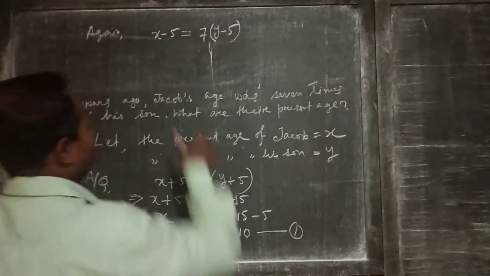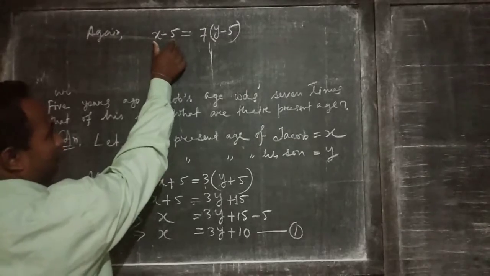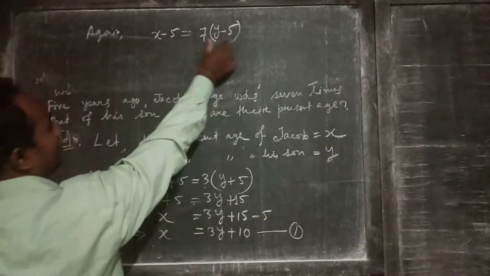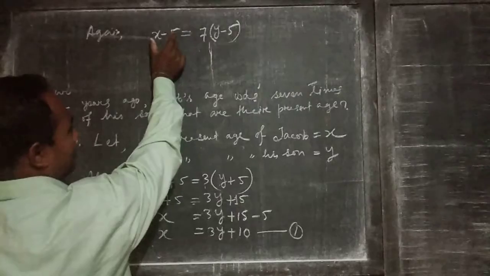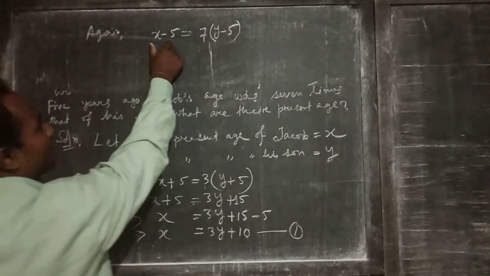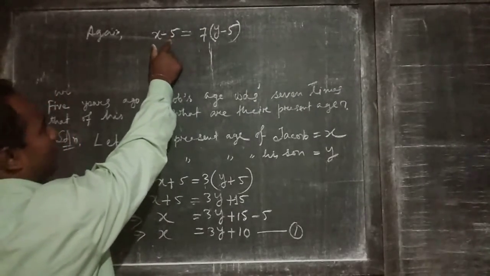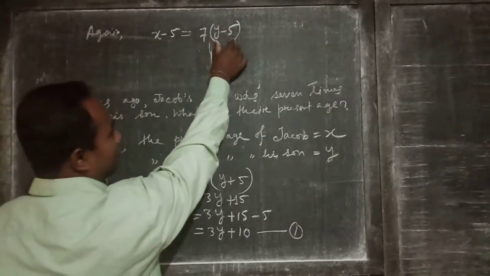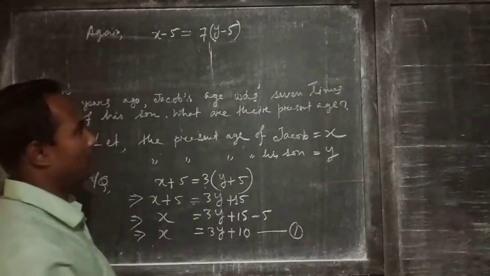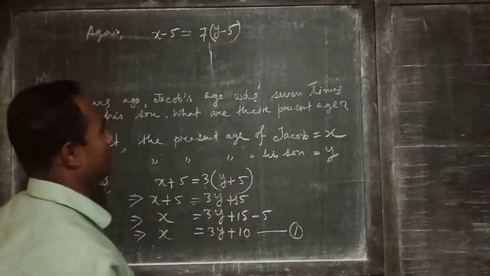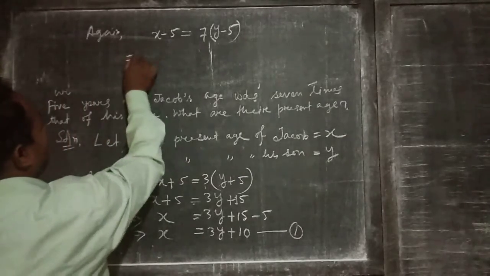This is the age of Jacob 5 years ago, and this is the age of his son 5 years ago. Now we have to multiply.